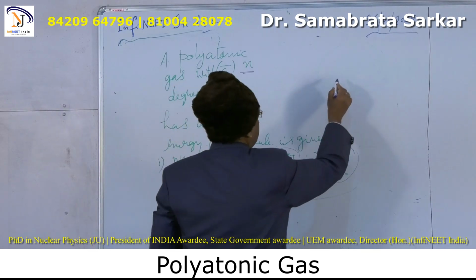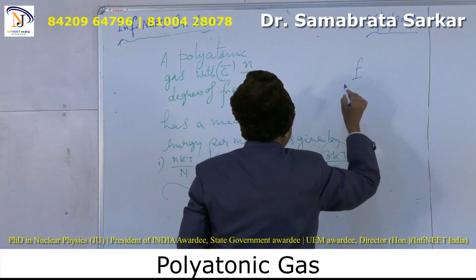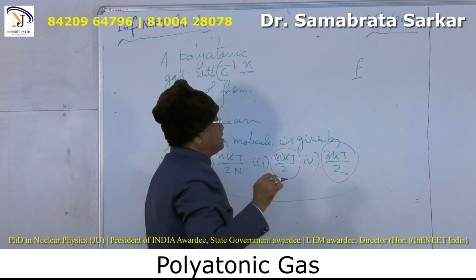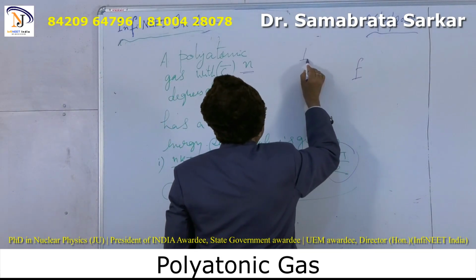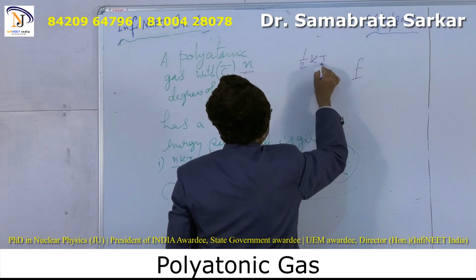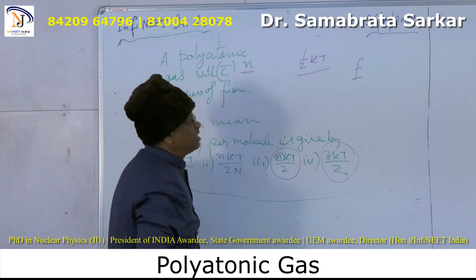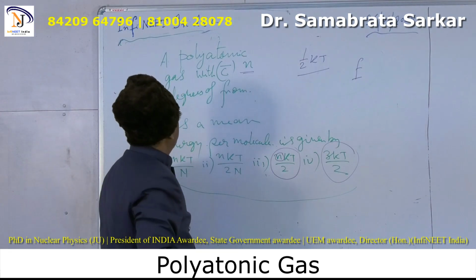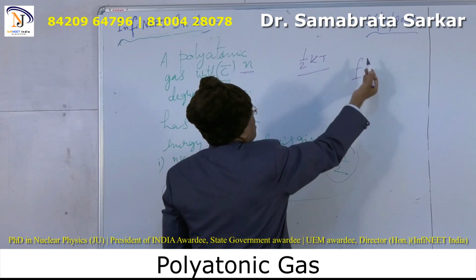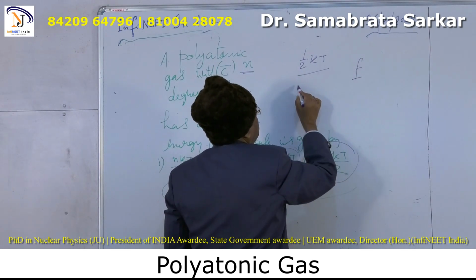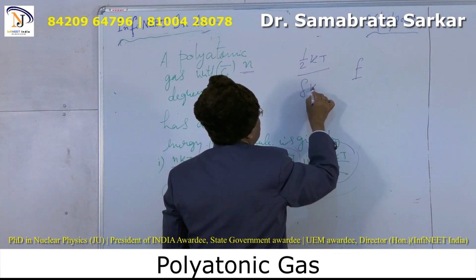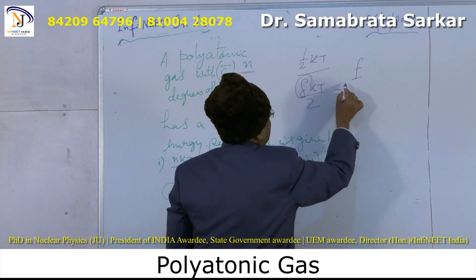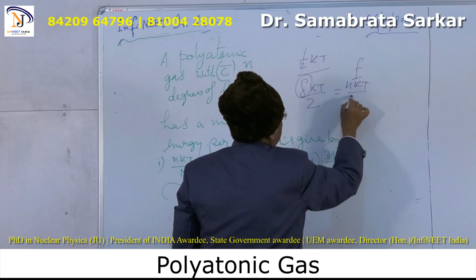You have already been told that for F degrees of freedom, I told you half kT each, have I not told you this? Then for F degrees of freedom it is F kT by 2. If it is n, then it is n kT by 2.